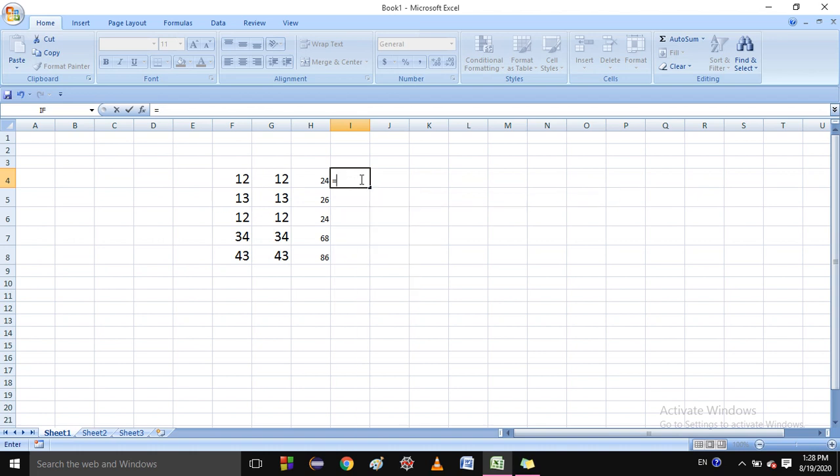You write SUM, the range like this, then multiply, and then multiply by this number. But F5, here F and 5 are a relative reference. If you move this downside, F will not change, because F changes when you move column wise, but 5 will be changed.